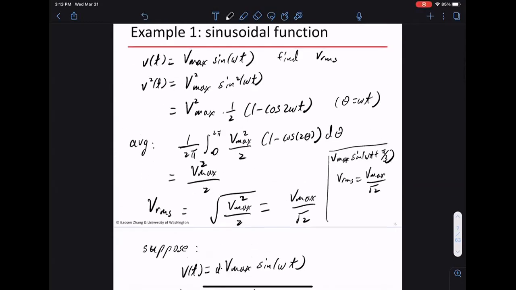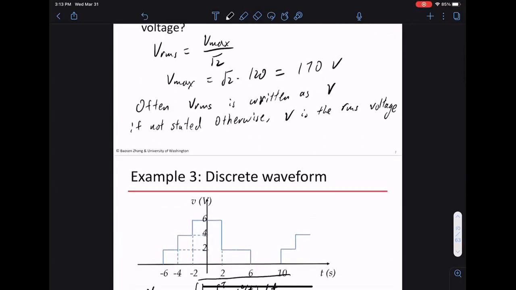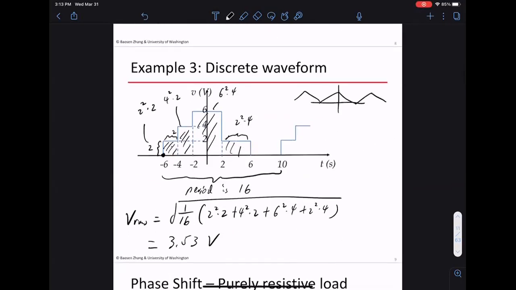You won't be asked to integrate other forms of functions, but you do need to know how to integrate a straight line, constant values, and sinusoids squared.